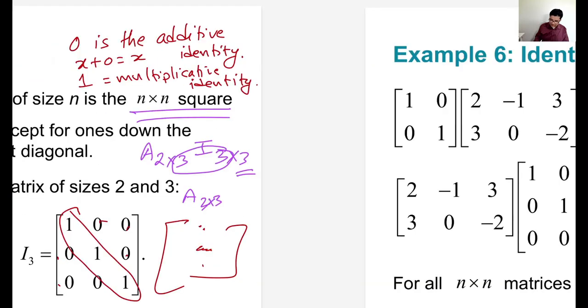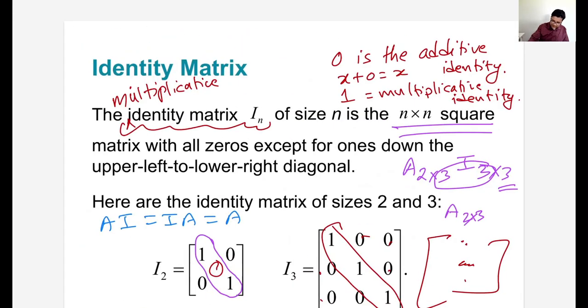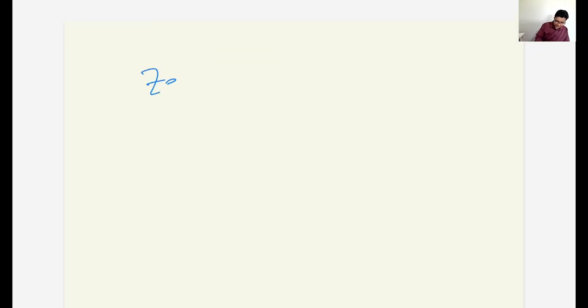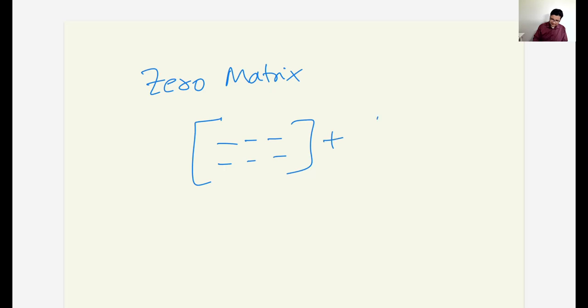Let me see, it's probably not covered here, so I'm going to write. Zero matrix is similar to the number 0 in real numbers. So what would be a zero matrix? Whatever matrix you have, if it is, let's say, a 2 by 3 matrix, then the zero matrix for that matrix will be a 2 by 3 matrix with all zeros.